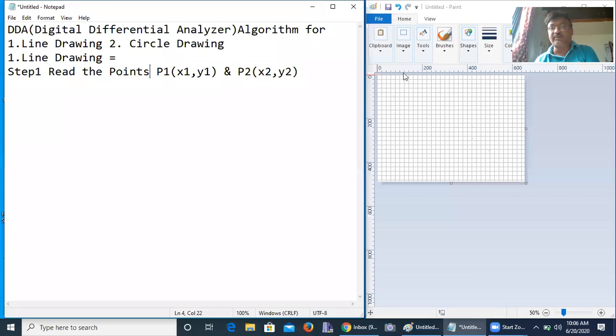From this 0, this is the horizontal x-axis and this is the vertical y-axis. It ends with 640 on the x-axis and up to 480 on the y-axis. So starting here at 0 0, it ends at 640 480.